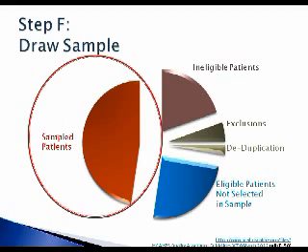The sample patients, as you can see in red, are the patients that were chosen for the survey. The eligible patients that were not selected are in blue. Those are the patients we would use to survey for patient satisfaction.